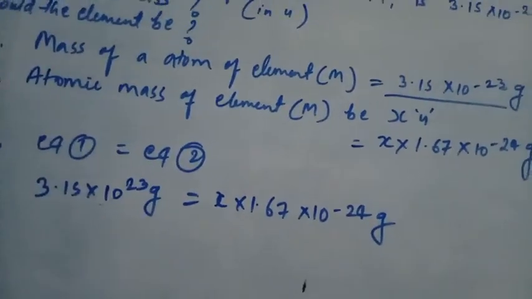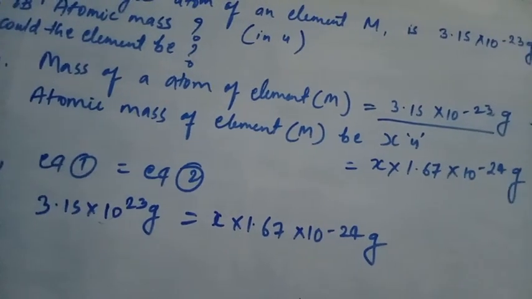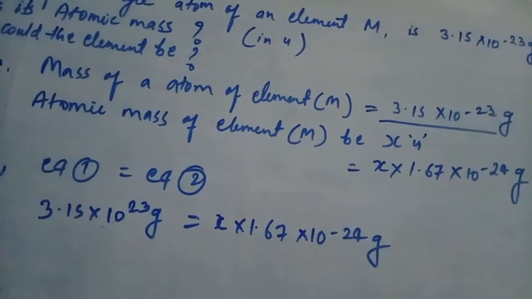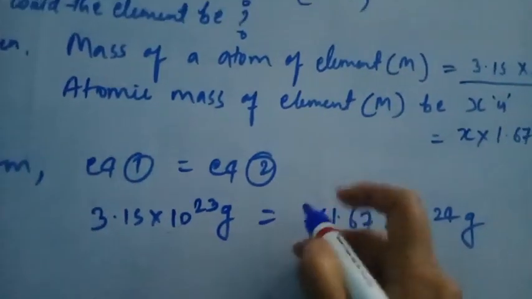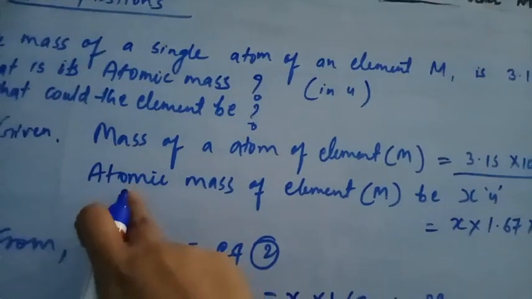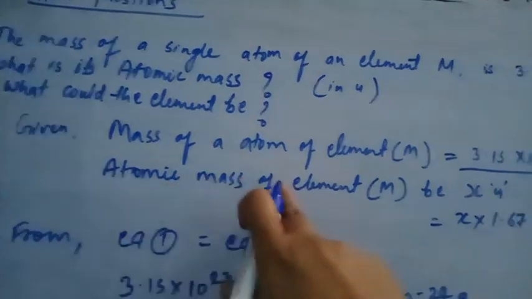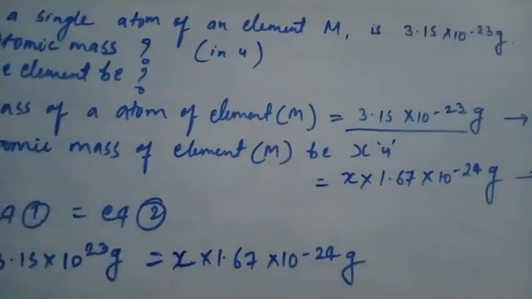Okay, understood? So we have to find out the value of X, because we have assumed the atomic mass of element M to be X U.